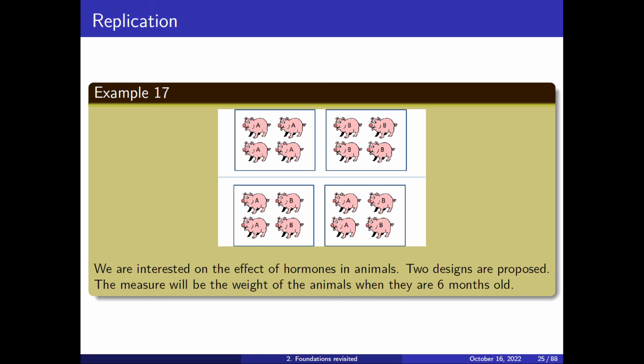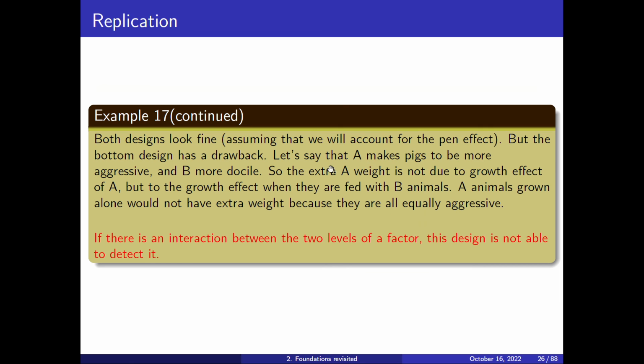So if there are interactions between hormones and the blocks, then with this design you will not be able to detect them. If you want to take into account the pen effect, you have to replicate this design multiple times. So statistics is a good tool to understand and analyze data, but it is not a substitute for your domain knowledge.